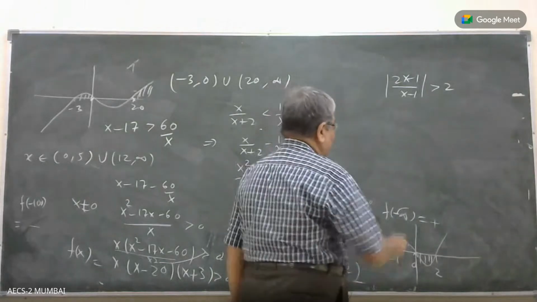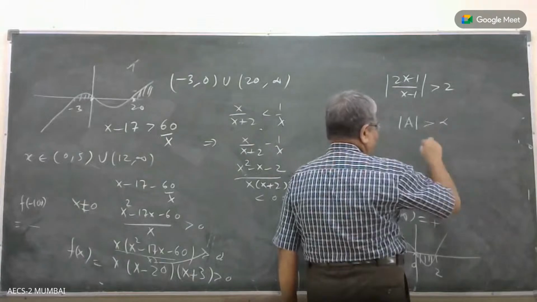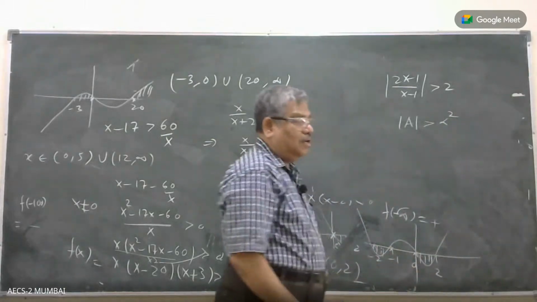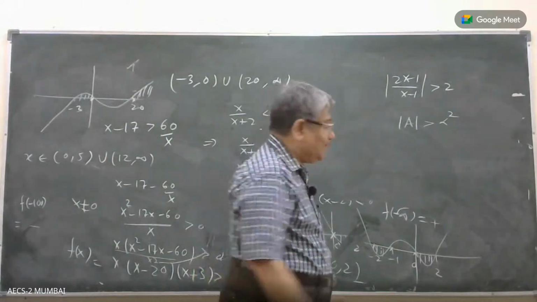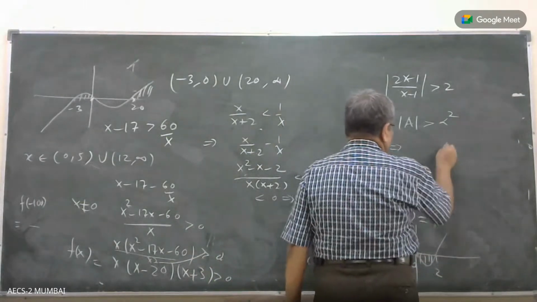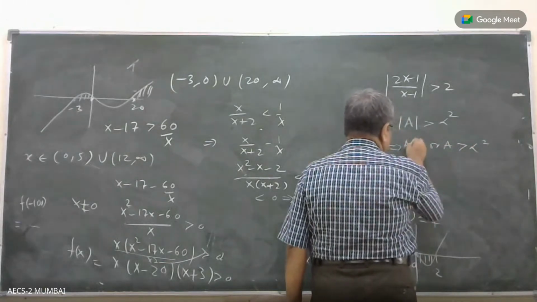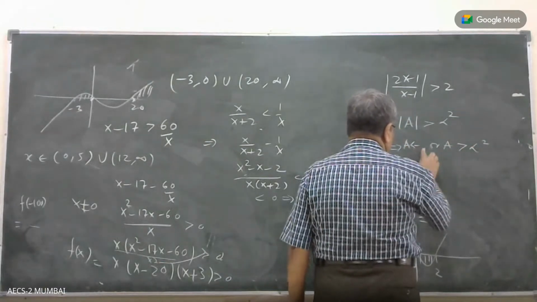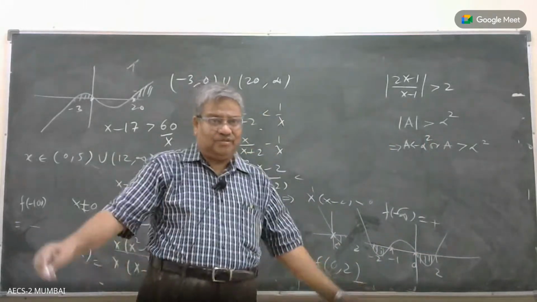So see this. Now tell me this. If you understand this, it's okay. If mod of a is greater than alpha square, what does it mean? A is greater than alpha square or a is less than minus alpha square. If you have understood this, fine.